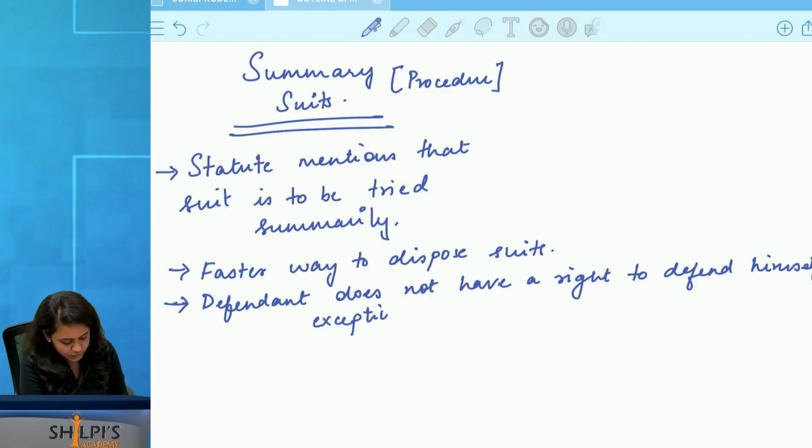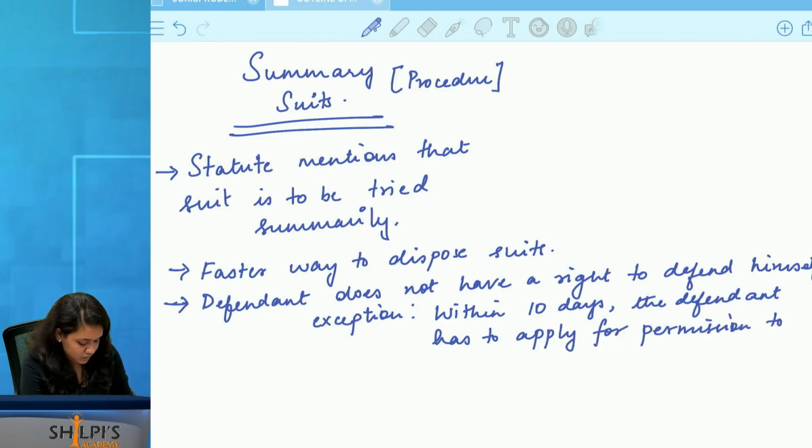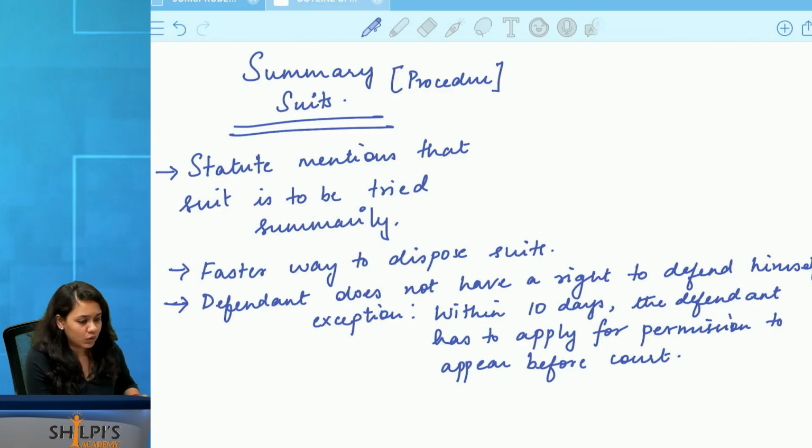The exception to this rule is that the defendant, within 10 days, if the defendant wants to argue, then he is being given a period of 10 days' time within which he needs to ask permission and defend himself.